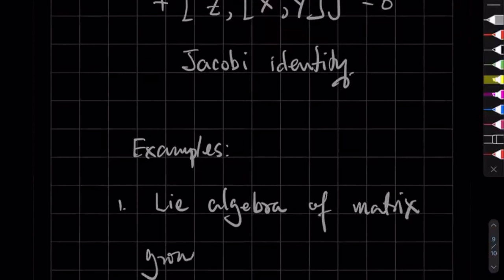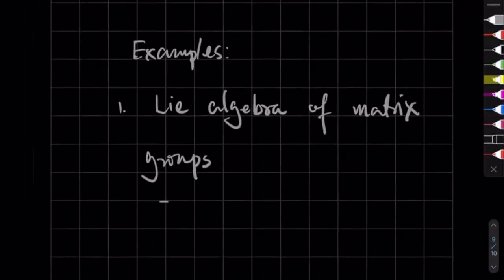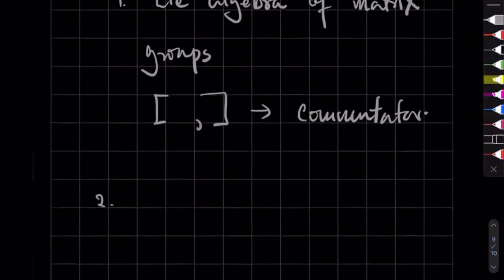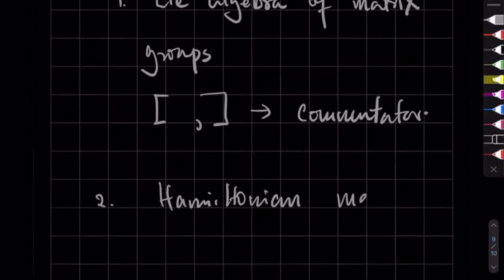In matrix groups, the product is given by the commutator of matrices. And in classical mechanics, in Hamiltonian mechanics, this thing is given by what is known as a Poisson bracket.